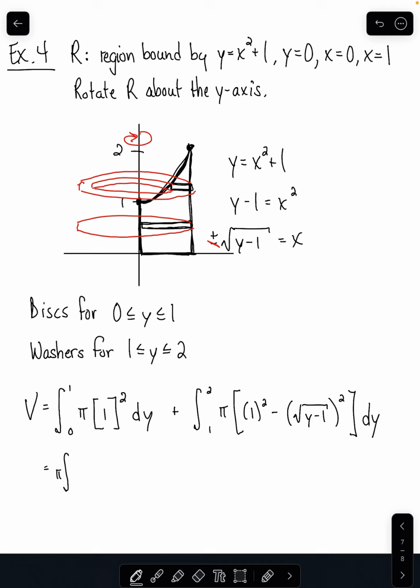The first integral, from 0 to 1 of 1 dy. The second integral, from 1 to 2, of 1 minus (y minus 1). Be careful because of the subtraction. Be careful to keep the y minus 1 still in parentheses until we distribute the negative.